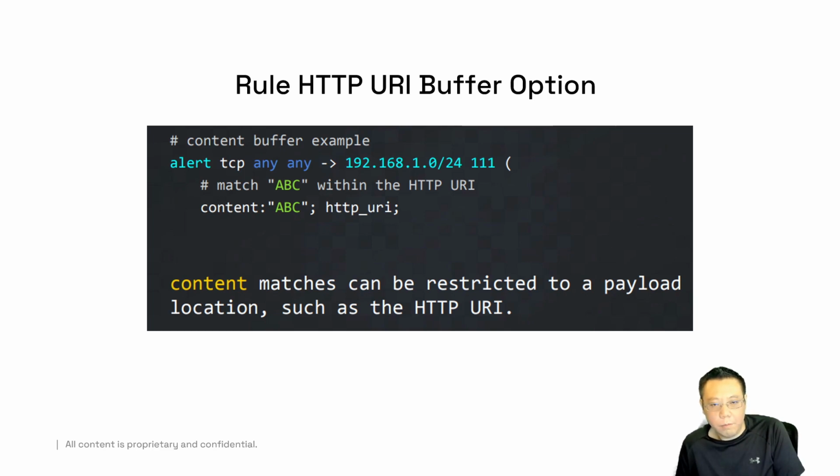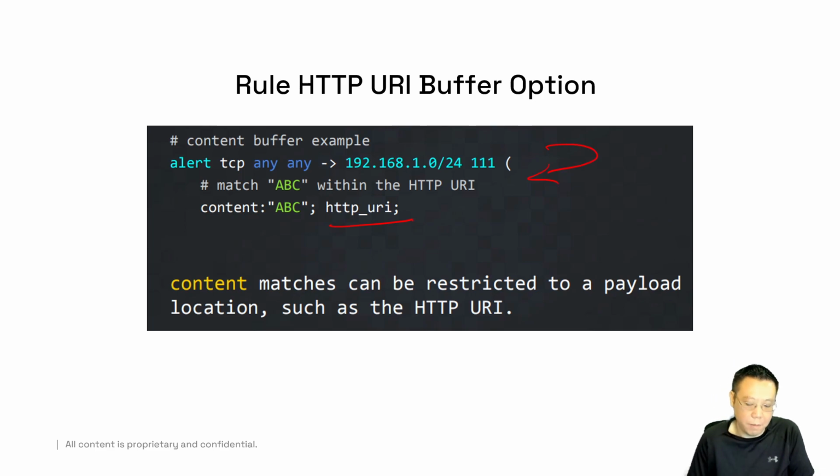Now, not specifically a true rule option, which we call content modifiers, we have something called buffers. If your content is part of a very particular protocol, such as a header, such as HTTP URI, you can match based on a very specific payload as opposed to generic payload after the actual header processing, which is up here at layer 4. Now we can process anything at layer 7 at HTTP using this buffer.